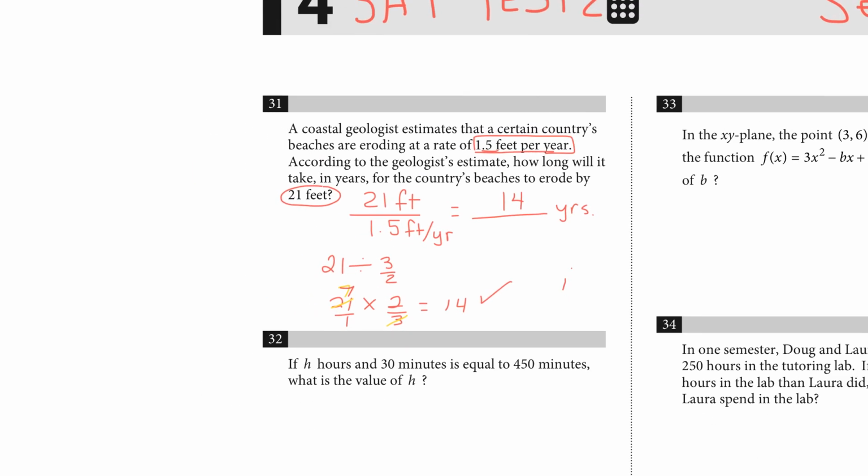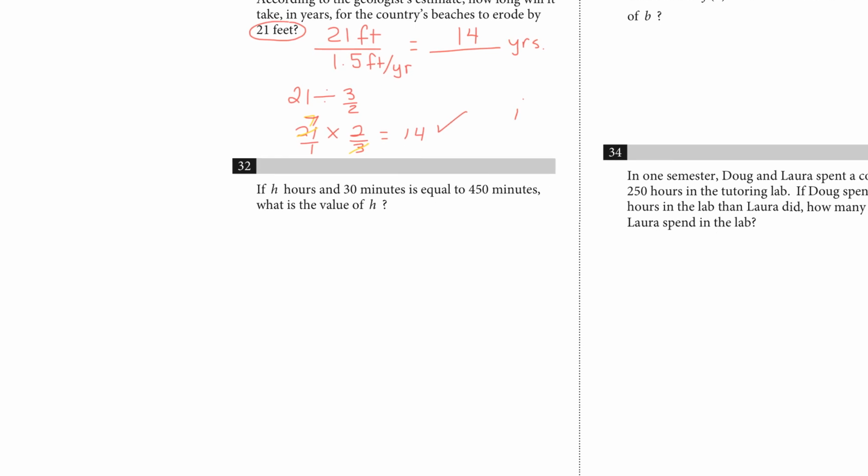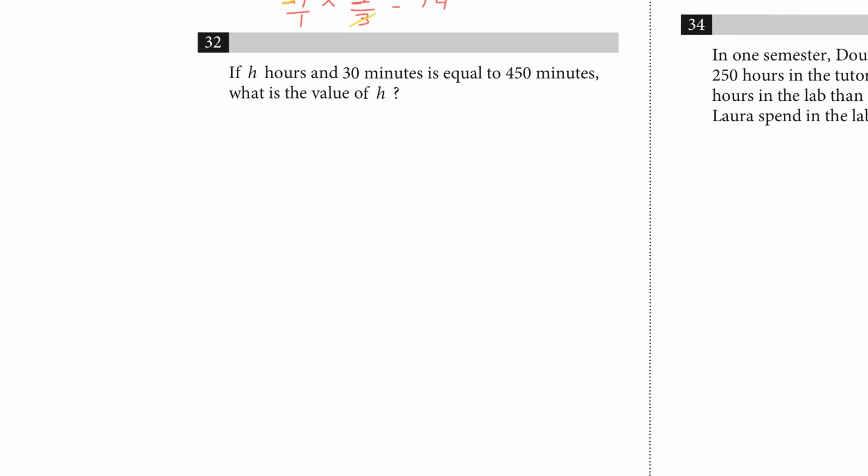So let's take a look at number 32. Number 32 looks like we have hours and minutes, and we have a total of 450 minutes. So we have H hours plus 30 minutes, and that's equal to a total of 450 minutes.